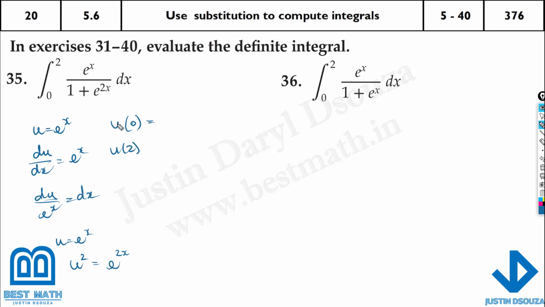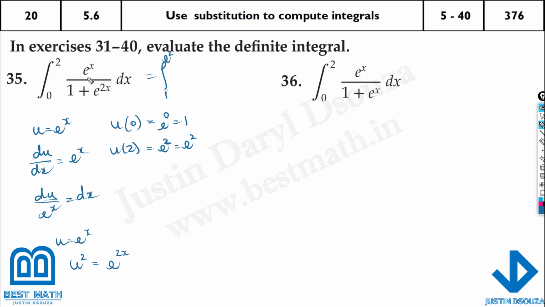Here, don't write in the second equation, not u squared. We have to look at the u, whatever we substituted over there. It'll be e to the power 0, that's 1. And over here, it'll be e to the power 2. Now we got the new limits, from 1 to e squared.